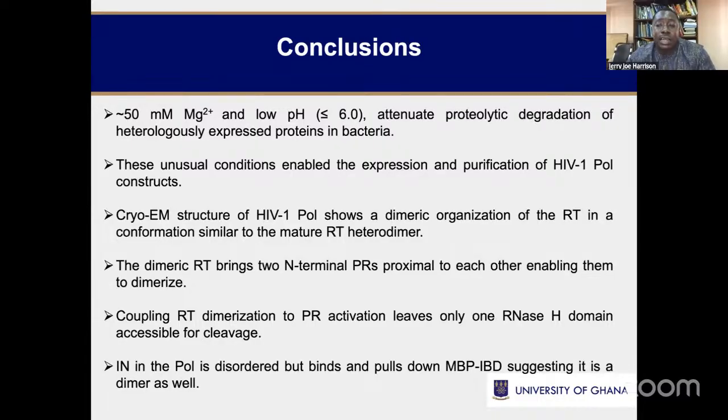This condition allowed us to successfully express HIV-1 Pol and other proteins that we couldn't express before. And that enabled us to solve the cryo-EM structure of HIV-1 Pol, which showed an RT heterodimer and a protease dimer, which is proximal to the N-terminus of the RT.